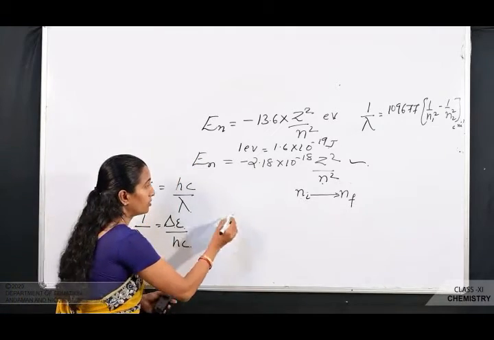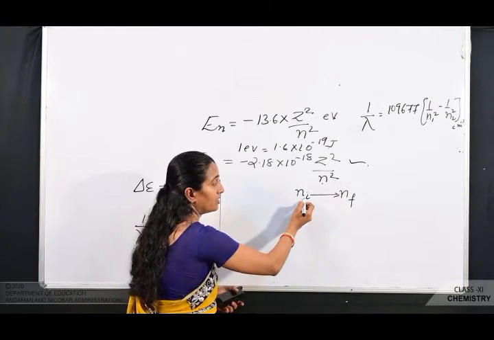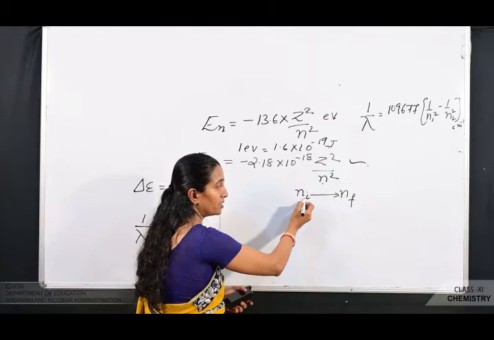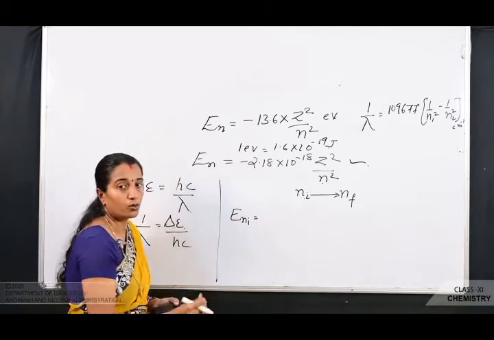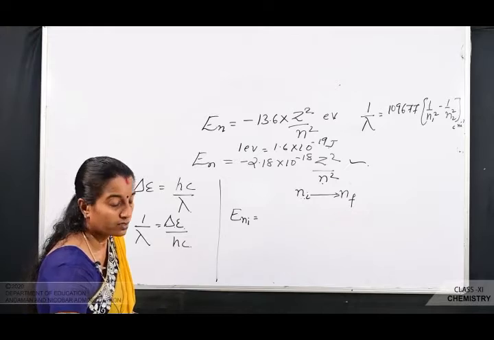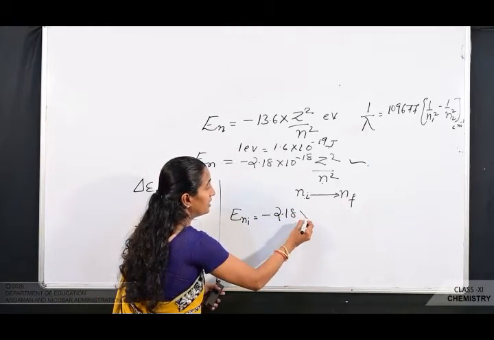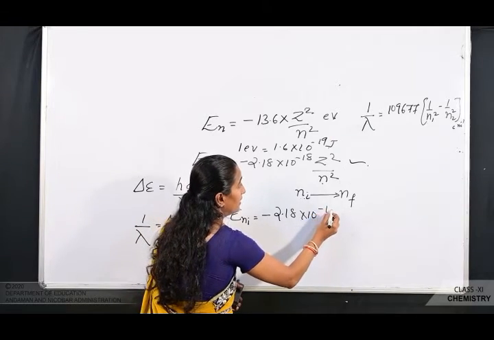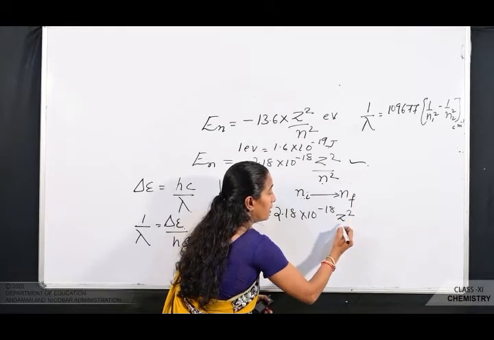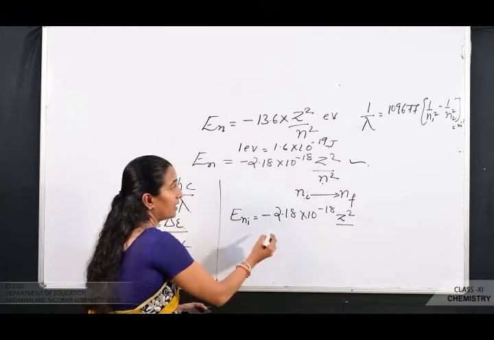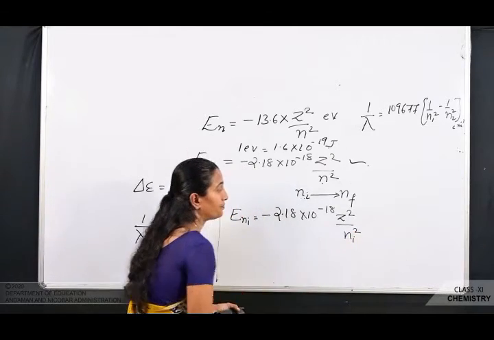Now let us see how. Because the electron is initially present in the Ni orbit, I am going to calculate the energy at Ni. So E initial equals minus 2.18 into 10 to the power minus 18 Z square by Ni square.